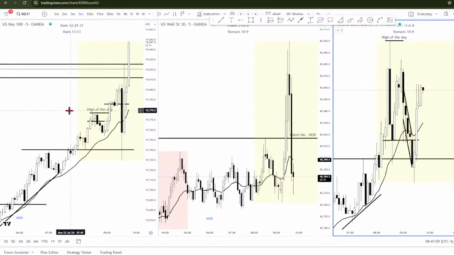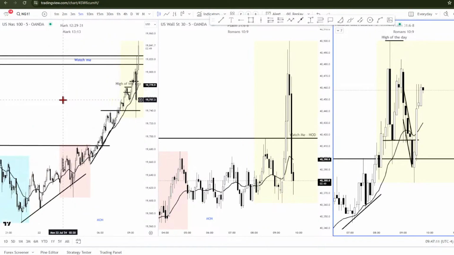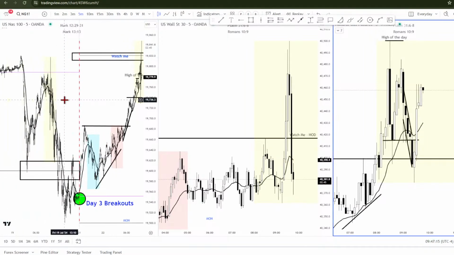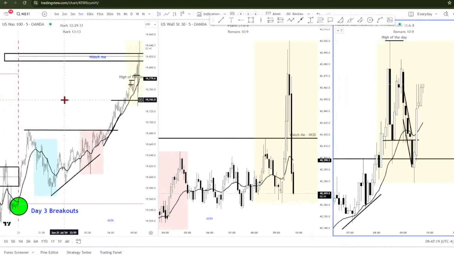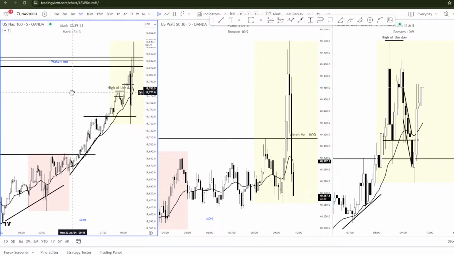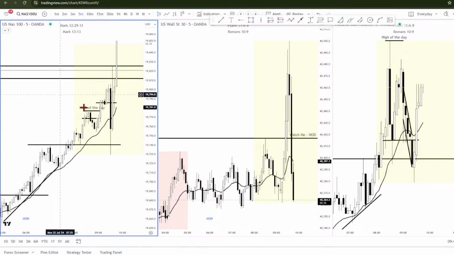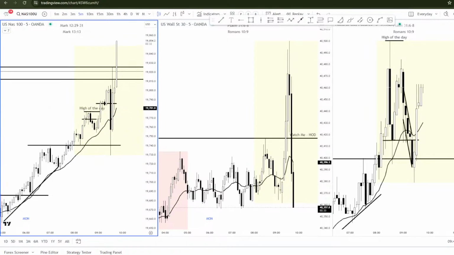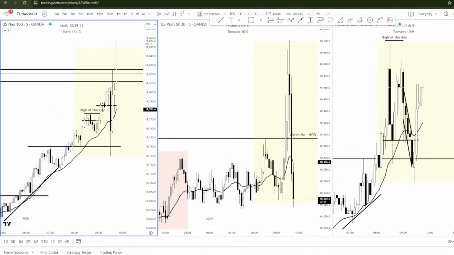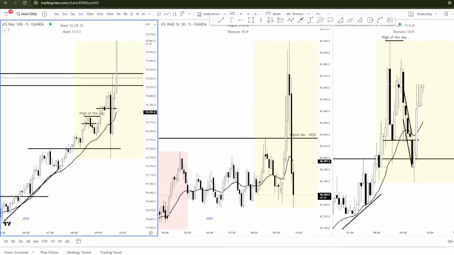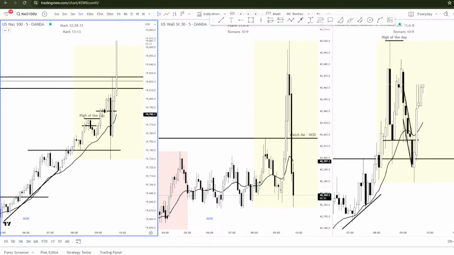These big trap moves on NASDAQ. US30, absolutely no opportunity for me to enter at this current time.